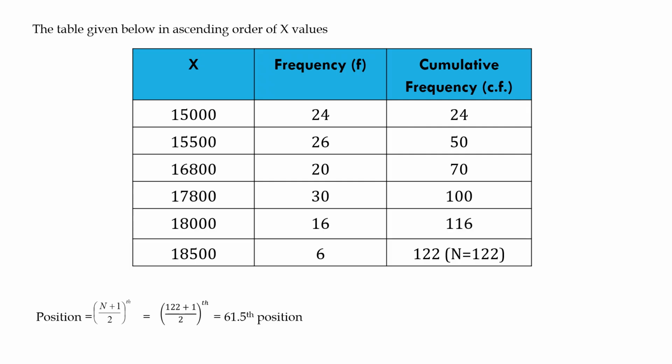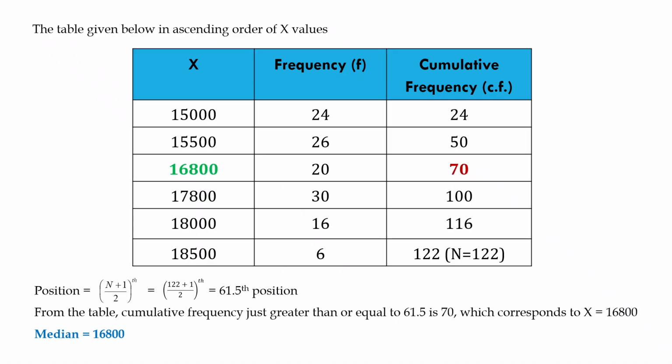Next we find the position of the (n plus 1) by 2th term, that is 122 plus 1 by 2, that is the 61.5th position. From the cumulative frequency column, we find a value just greater than or equal to 61.5.